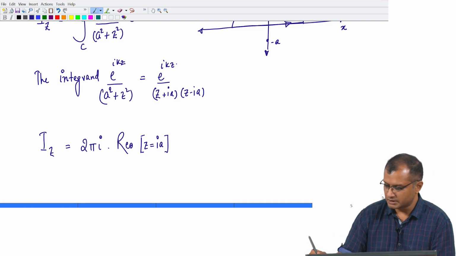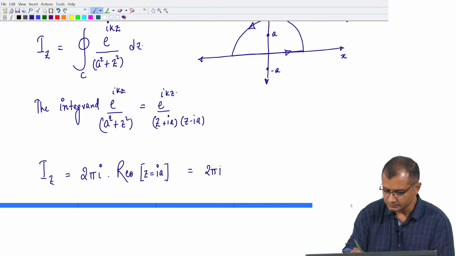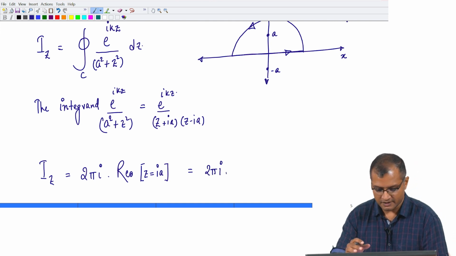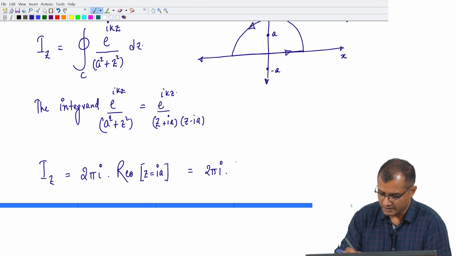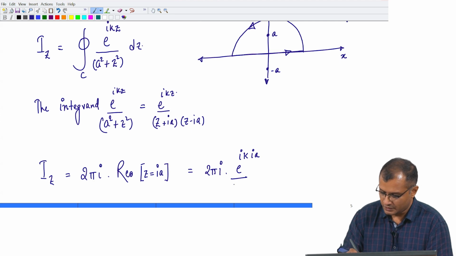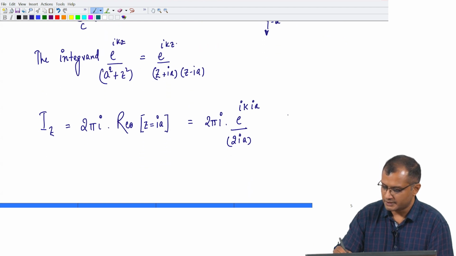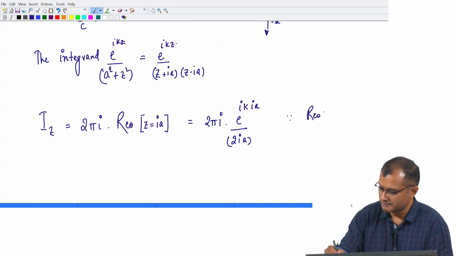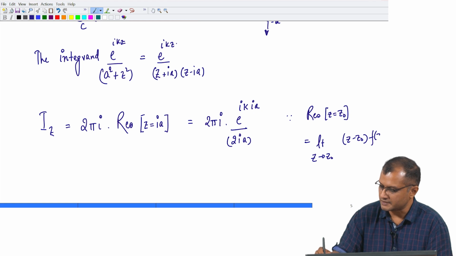So, the residue at z equals i a would be nothing but, if I just substitute z equals i a, it is a simple pole. So, all I have to do is just substitute z equals i a there. So, it will give me e to the power i k into i a divided by 2 i a, just substituting z equals i a in my function. Okay. So, the residue at any z naught is nothing but limit z tending to z naught into your function.